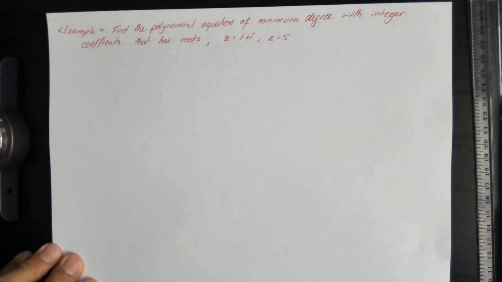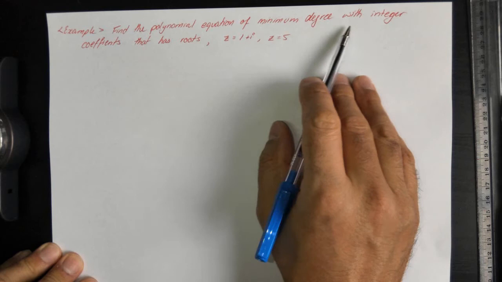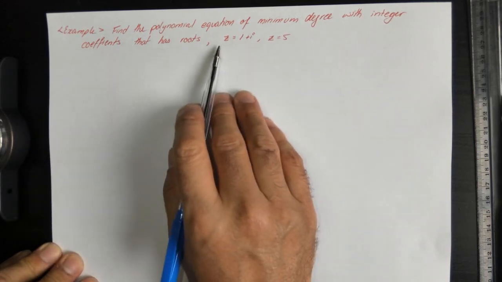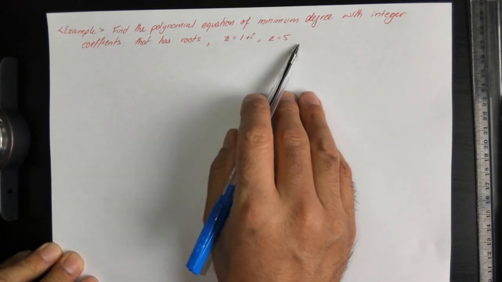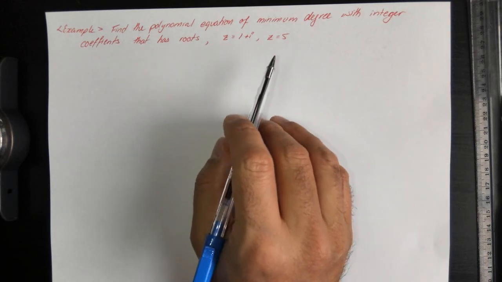The last one, we want to find the polynomial equation of minimum degree with integer coefficients that has roots of z equals 1 plus i and z equals 5. Okay.